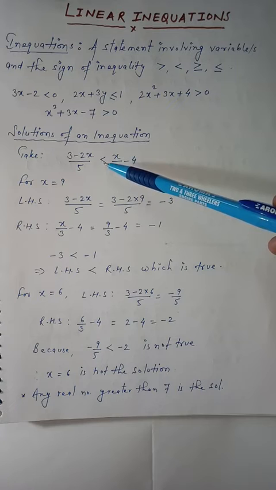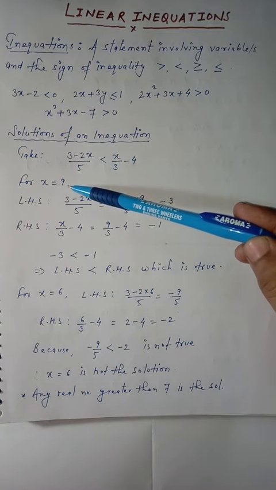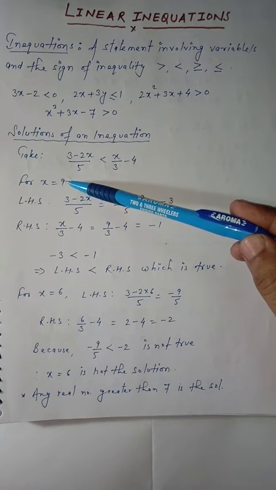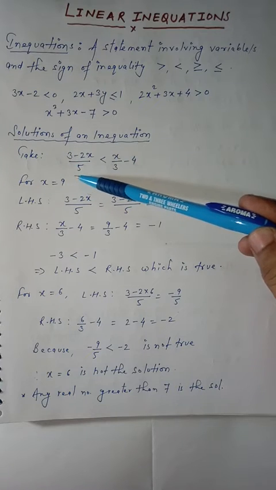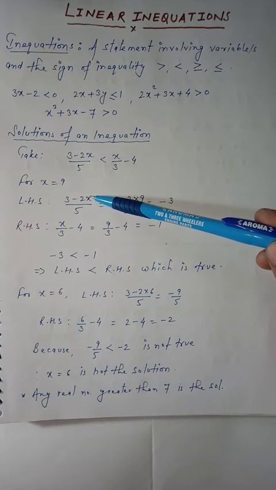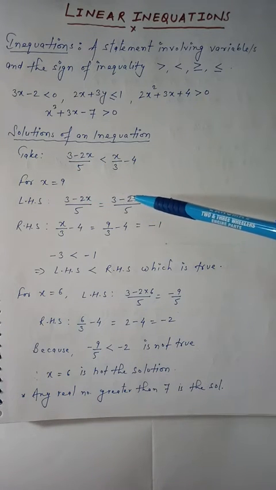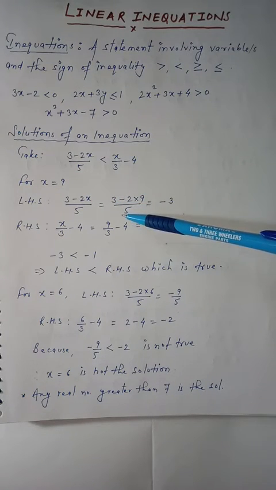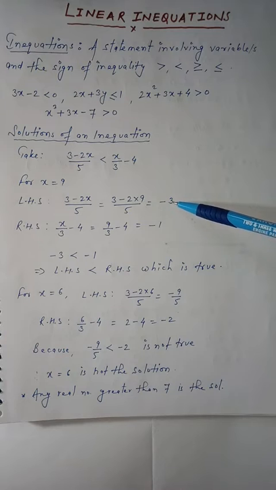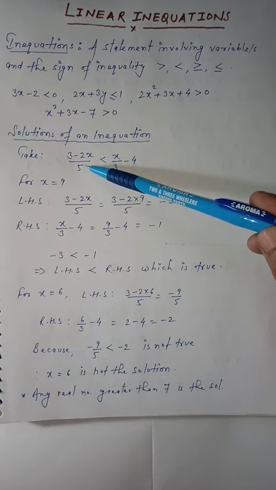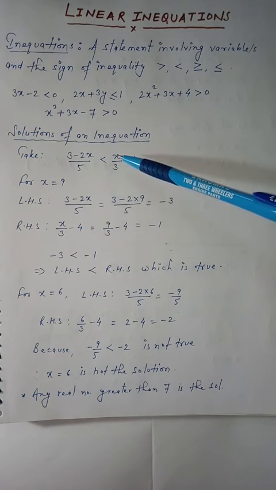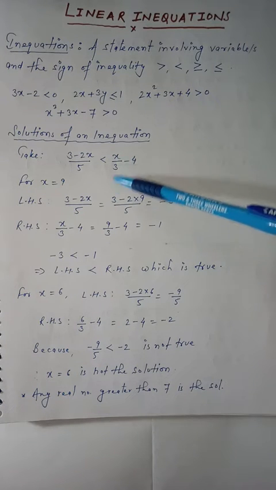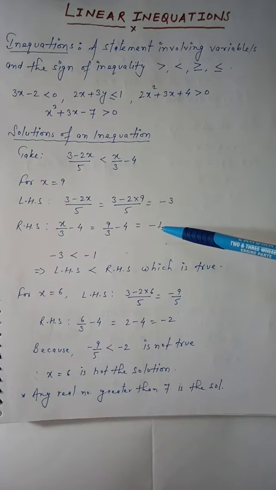In this inequation, when we put x equal to 9, I'm taking the left hand side, 3 minus 2x upon 5. In place of x put 9. You will get minus 18 plus 3, which is minus 15 upon 5. It is minus 3. So the left hand side is minus 3. And when 9 is put on the right hand side, we will get minus 1.